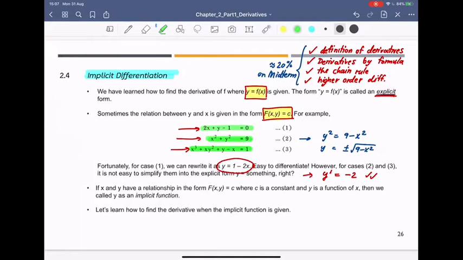So we're gonna learn how to differentiate by just looking at the implicit form. You don't have to simplify to the explicit form. For example, equation number 3 seems like you cannot simplify into y equal to something in terms of x because it's going to be messy and super hard to differentiate.